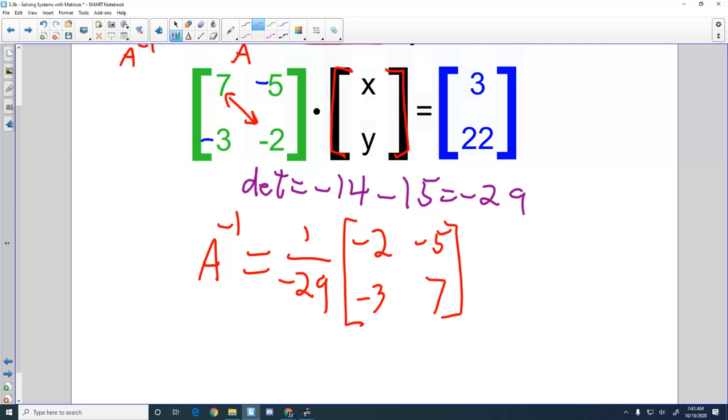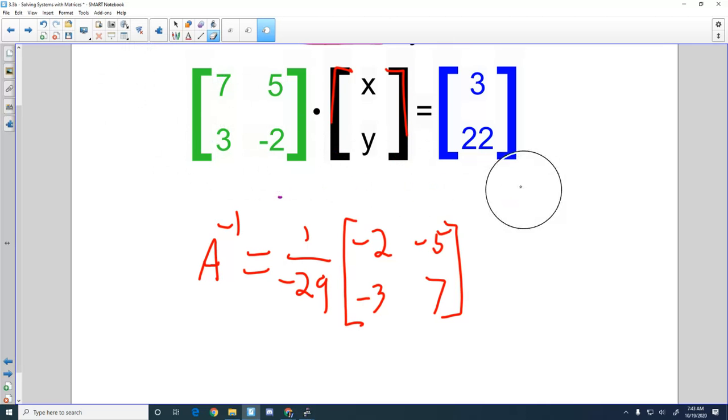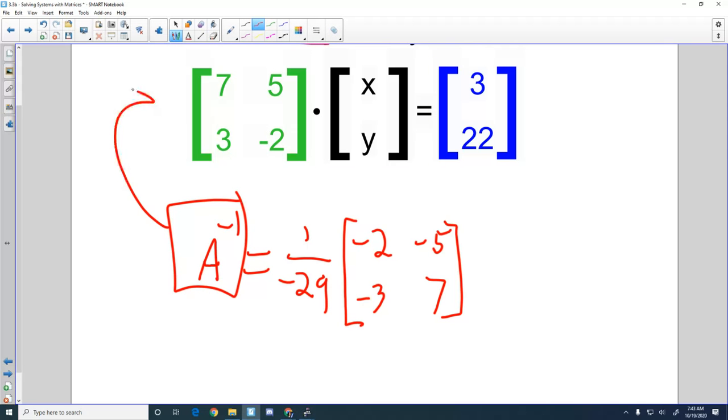We would take this and multiply it by that green matrix in the upper left to cancel it out. So I'd take this A inverse matrix and multiply that by this green matrix. Now, should we actually spend time right now to calculate what that's going to equal if I multiply A inverse times A?